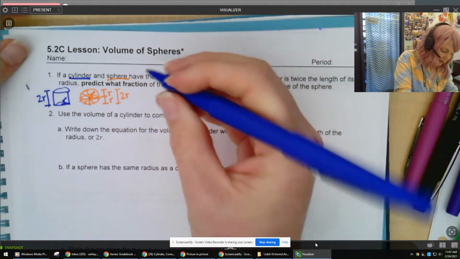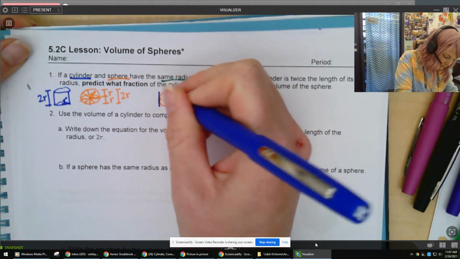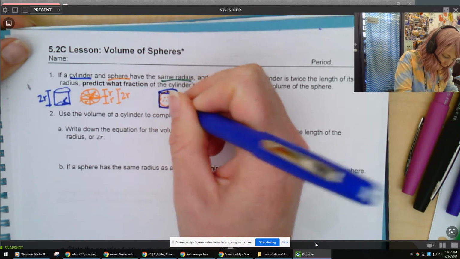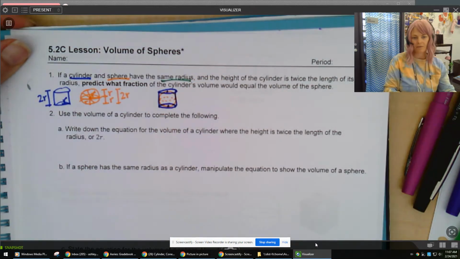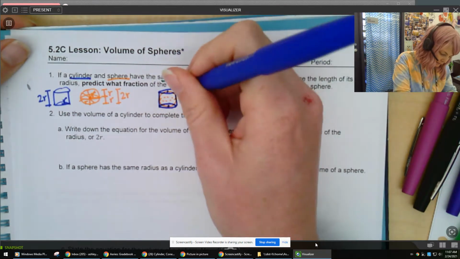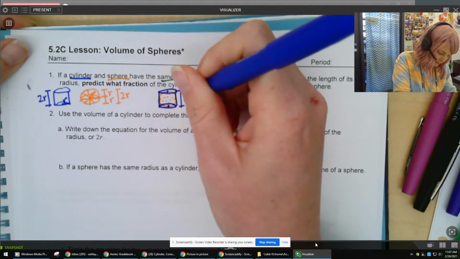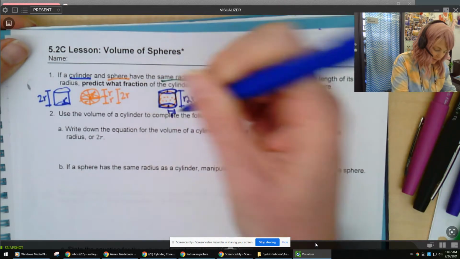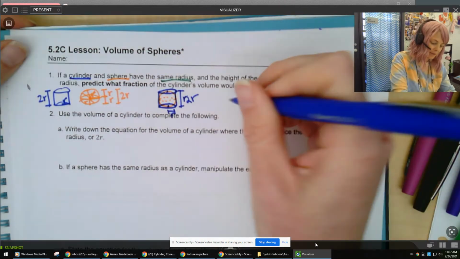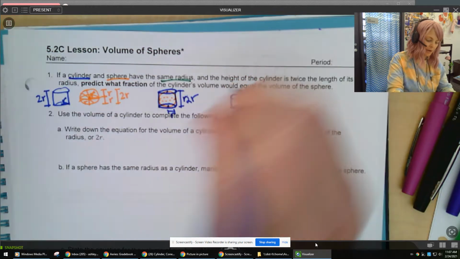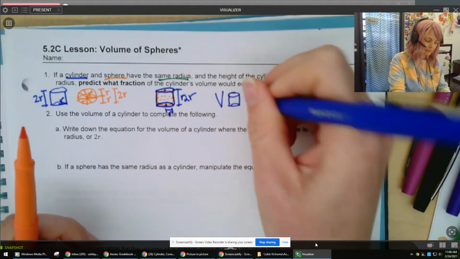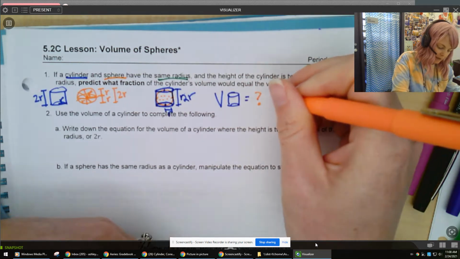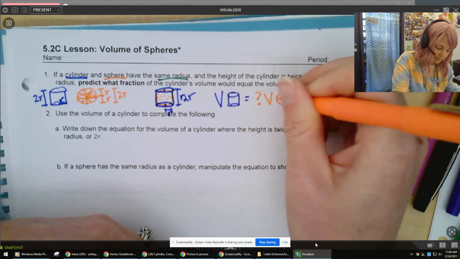So here's the sphere, and here is the sphere fitting inside that cylinder with a height of 2r and a radius of r. So we believe that the volume of the cylinder is equal to some number times the volume of the sphere.